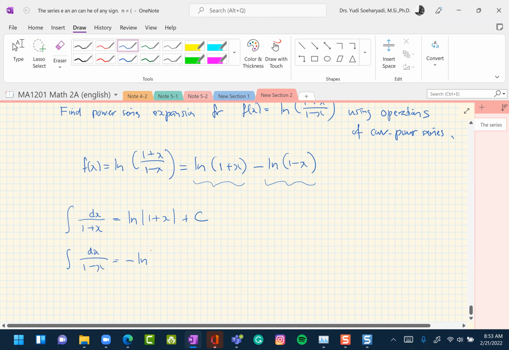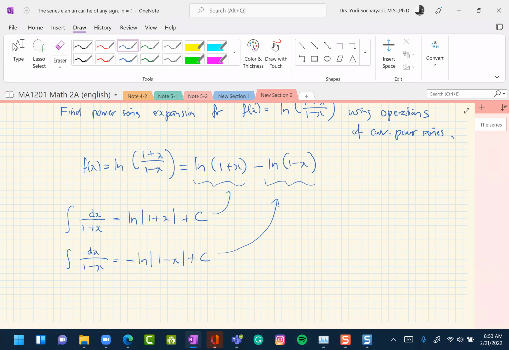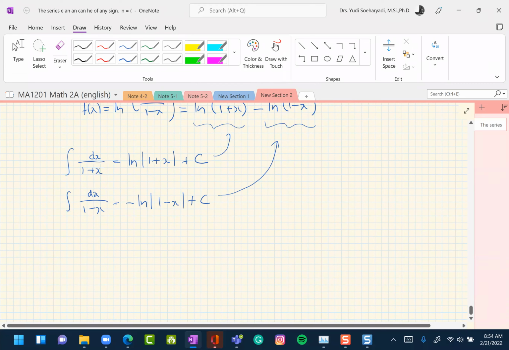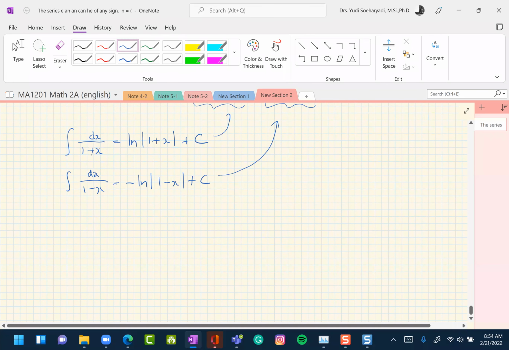Then you get the expansion for ln of this one. Sorry, just finish this up by doing integrations.